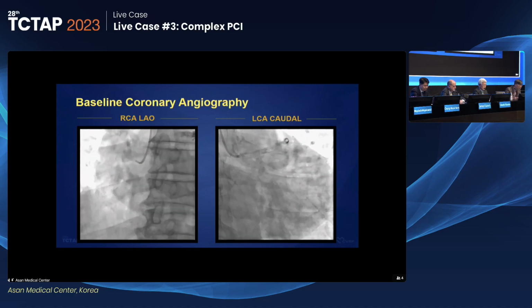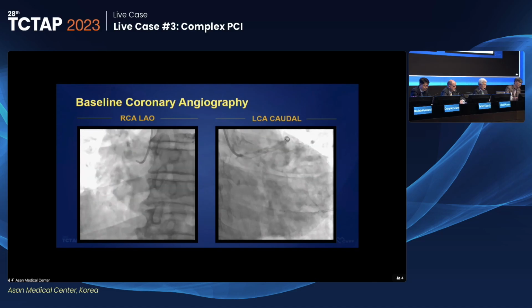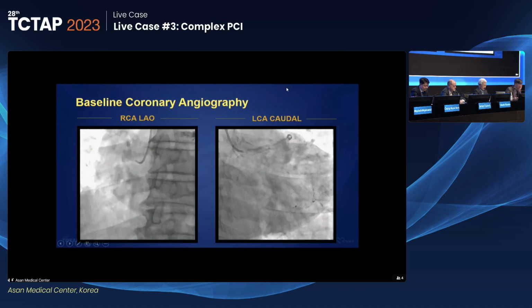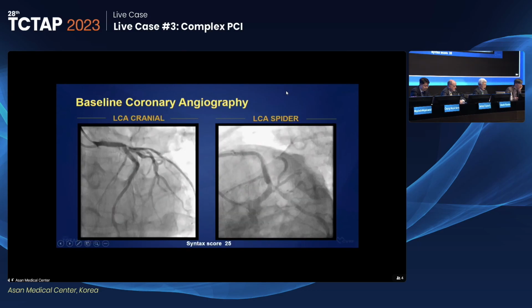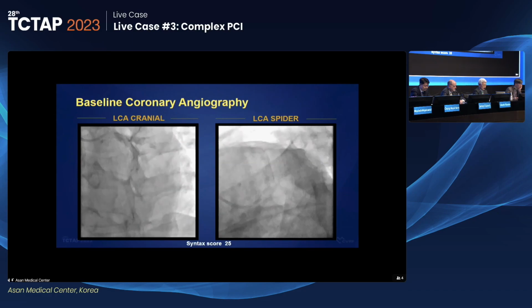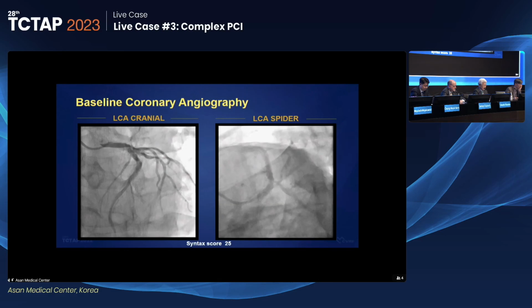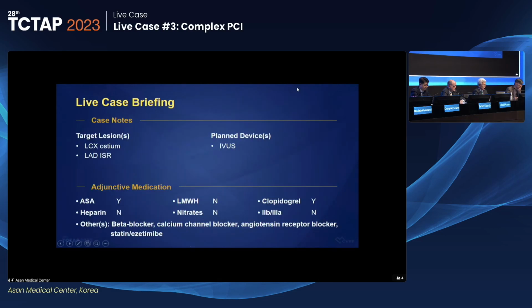The RCA showed no significant disease, and the left coronary artery at caudal view shows severe stenosis at the left circumflex ostium. Next, please. There is also mid-LAD ISR, and the LCA spider view shows severe stenosis at the left circumflex ostium. We plan to target the left circumflex ostium and LAD ISR with IVUS.